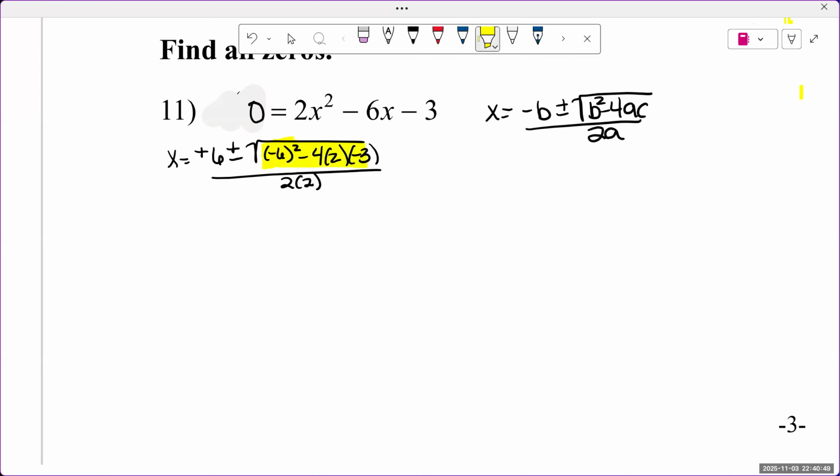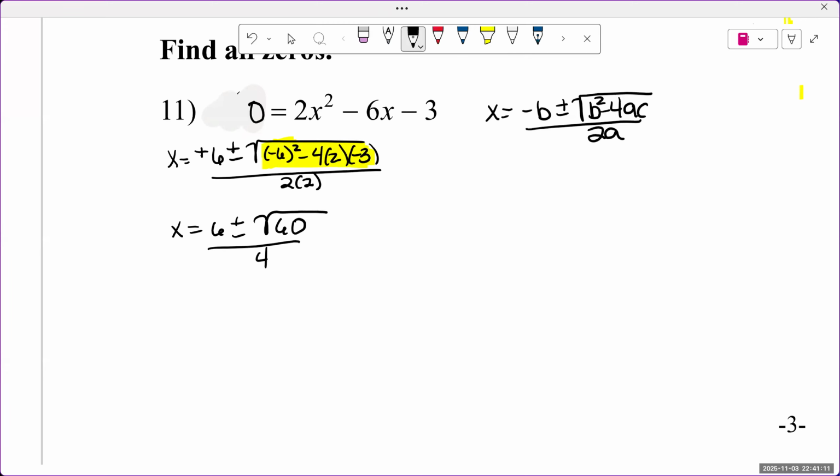So now simplify this 36 plus 24. So we get x equals +6 plus or minus the square root of 60 over 4.